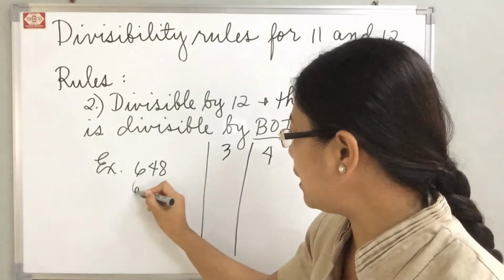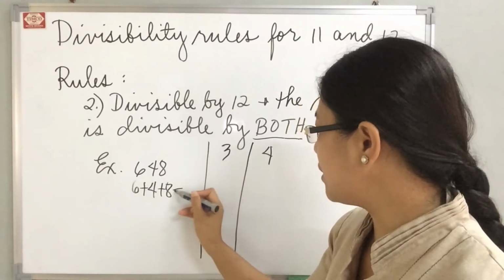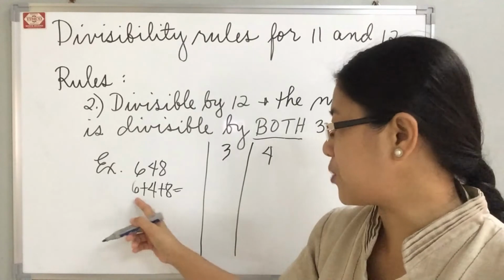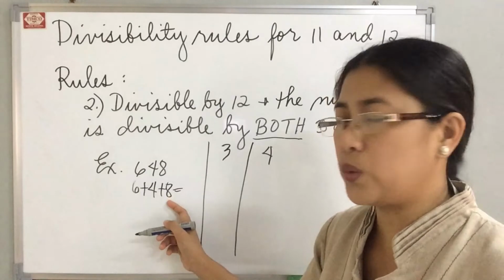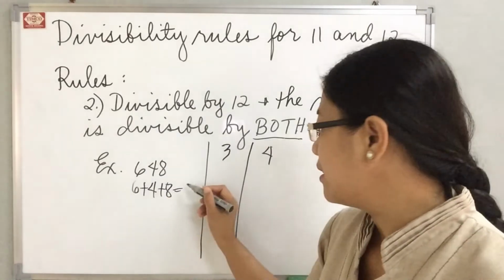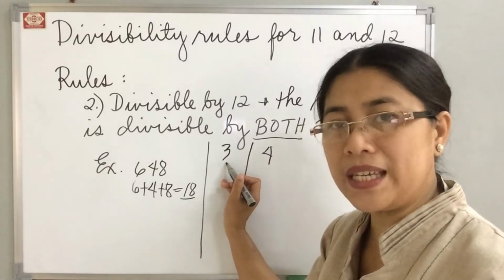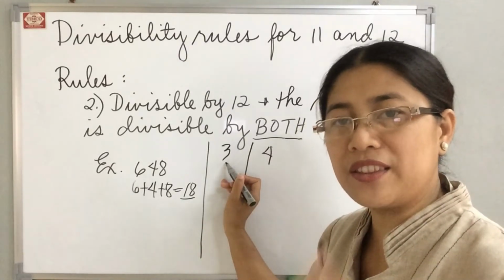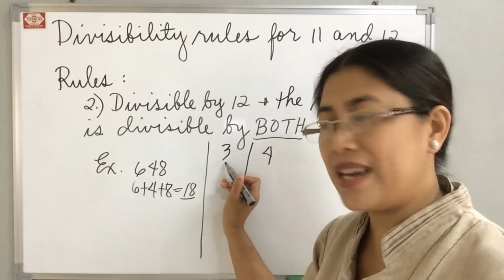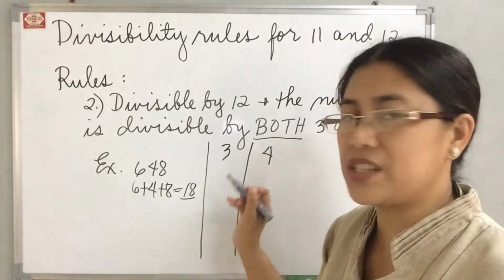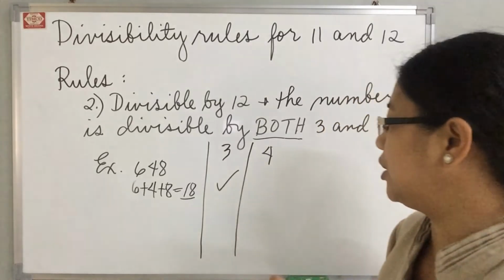So 6 plus 4 plus 8, what's the answer? 6 plus 4 is equal to 10, and 10 plus 8 is equal to 18. Is 18 divisible by 3 or can be divided by 3 without remainder in the quotient? Yes, because 18 divided by 3 is equal to 6. So, let's check under number 3.